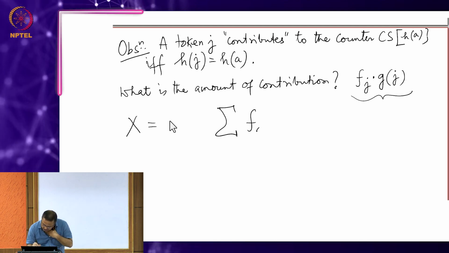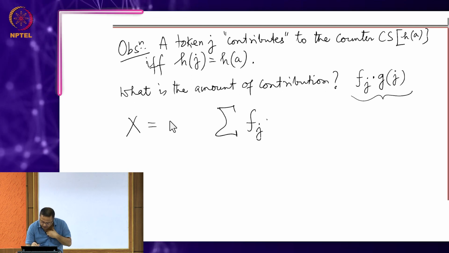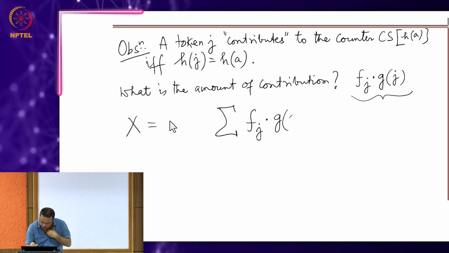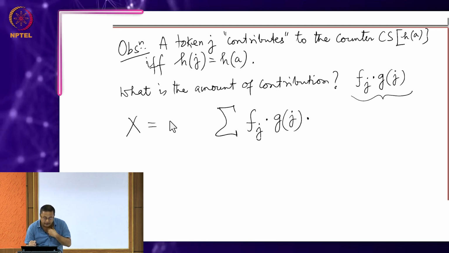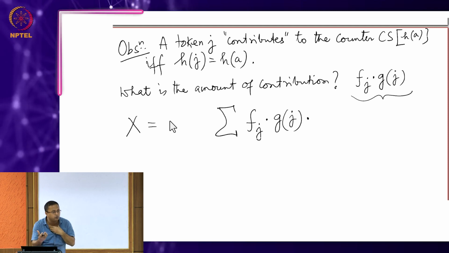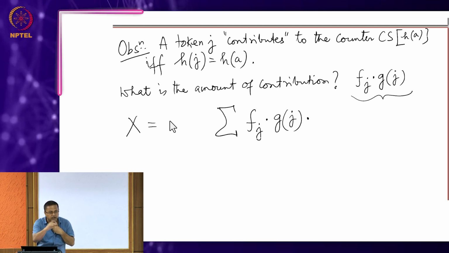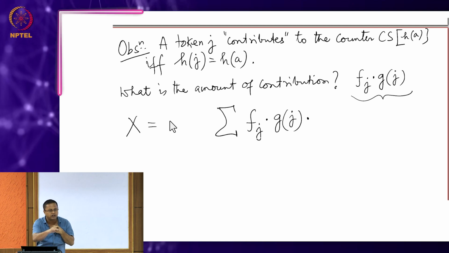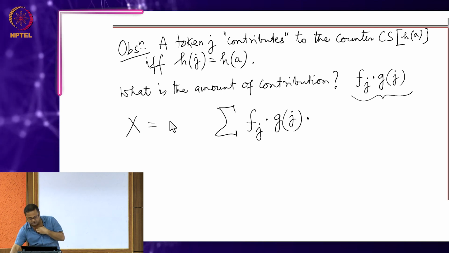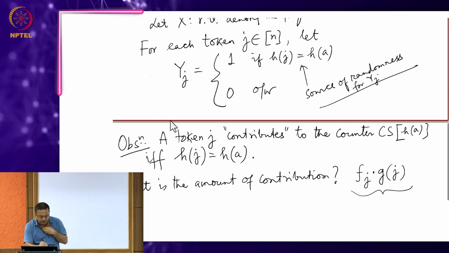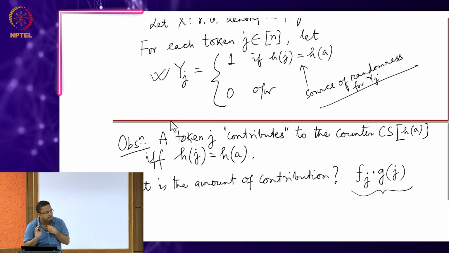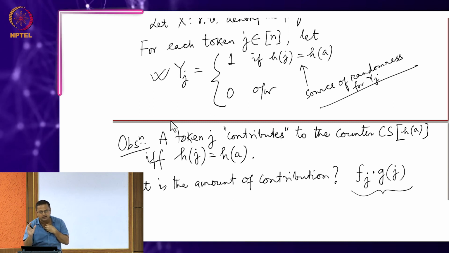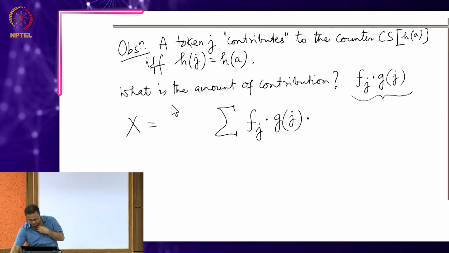So, that is Fj into gj, and I am only bothered about those j's whose hash value is equal to the hash value of A. So, that means this random variable takes care of that because those that don't hash there get 0. So, I am done.